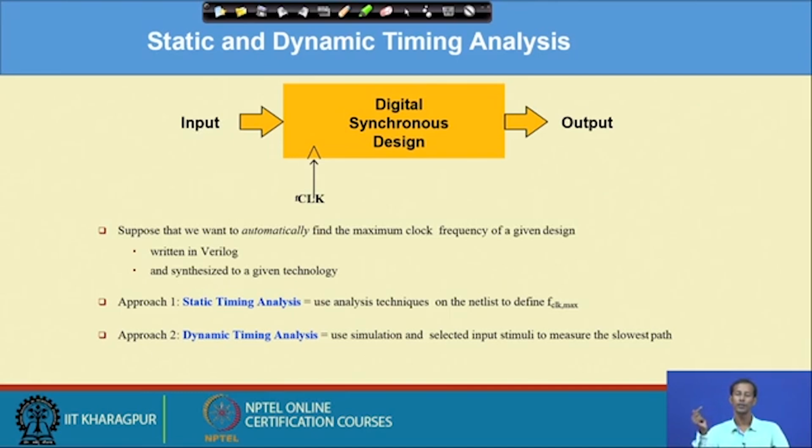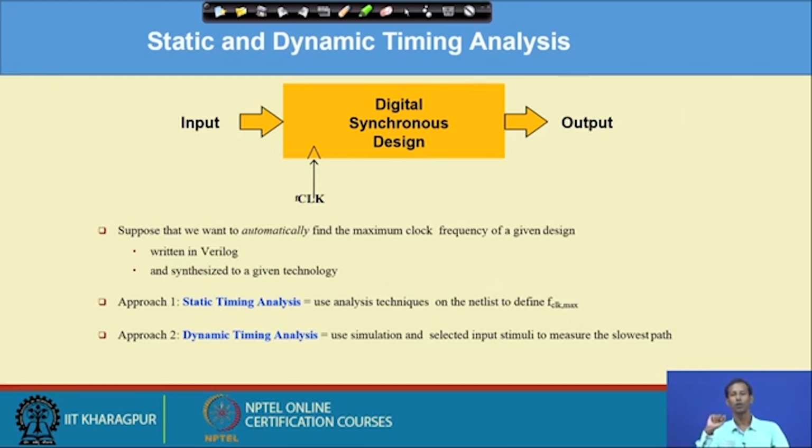Then you can ask, what if I make it lesser? Suppose that critical path requires 10 nanoseconds, but I make the clock period 9 nanoseconds. At that time what will happen?